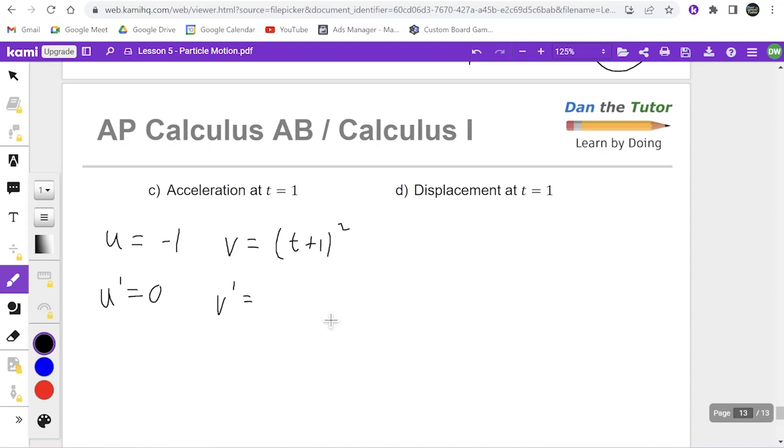So remember, for chain rule, first I take the derivative of the outside. That's the power of 2. So I bring the 2 out in front, multiply it by t plus 1, now to the first power, not that that matters, and then times the derivative of the inside t plus 1. That derivative is just 1. So it looks like it's just 2t plus 2 after I distribute the 2. And so that's actually not bad at all.